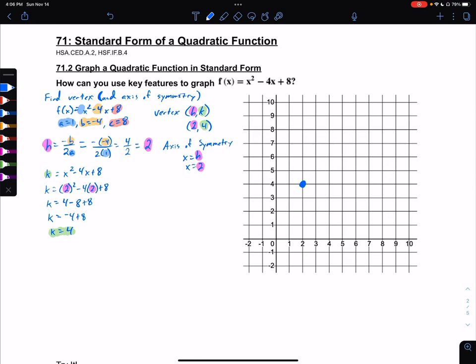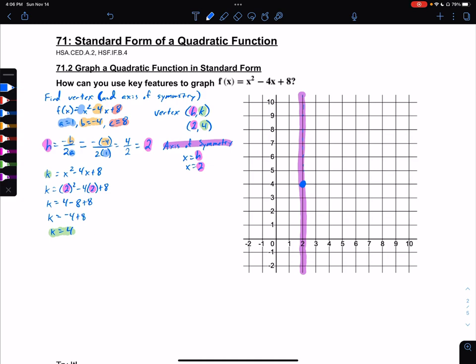Let's just do a little highlight in purple here. So our axis of symmetry is going to go down here. You don't always need to draw the axis of symmetry, and remember, it's not actually part of your function. It's just the line that's going to split our function in half. So it is good to note.